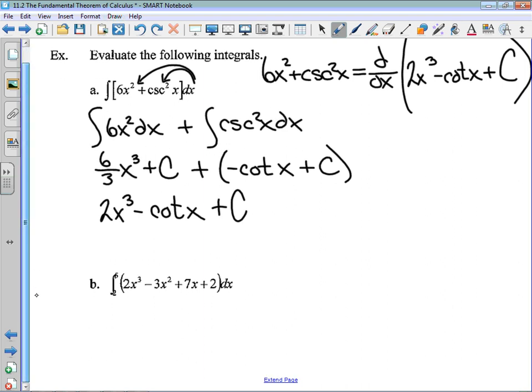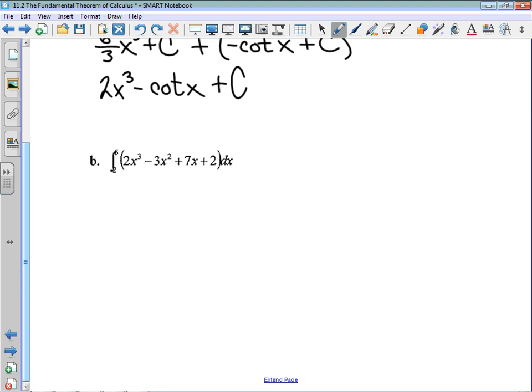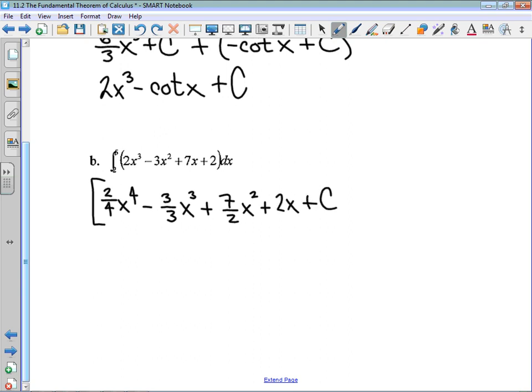All right, so a bit of a longer one, and don't get me wrong, we could do this term by term, but I don't think there's a huge advantage to doing that when you have a simple polynomial. I mean, simple in quotations maybe. I'm going to take that antiderivative then. So I'm going to write this as 2 over 4 x to the power of 4 minus 3 over 3 x cubed plus 7 over 2 x squared plus 2x plus a constant, and then we can use the notation.